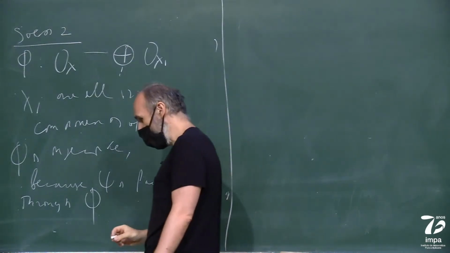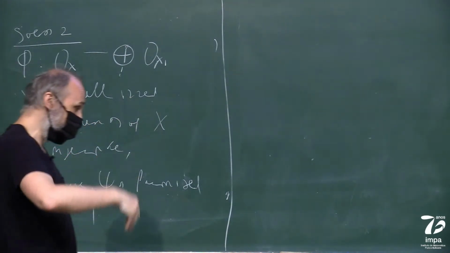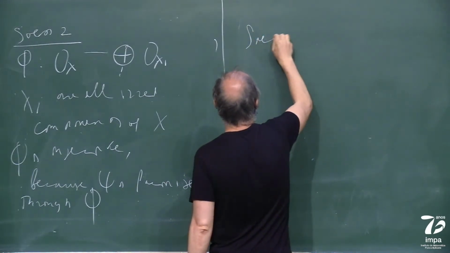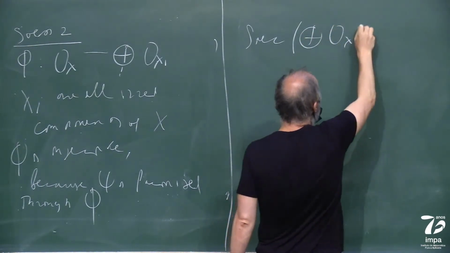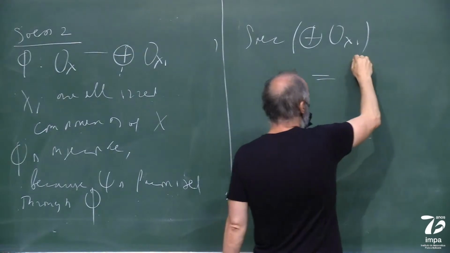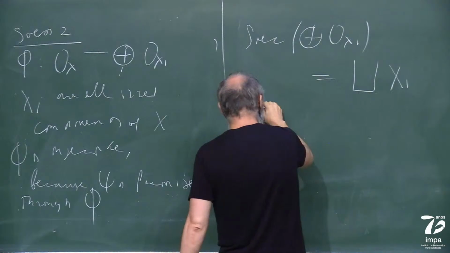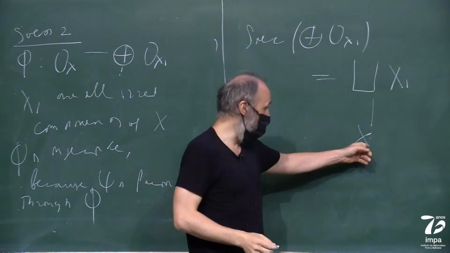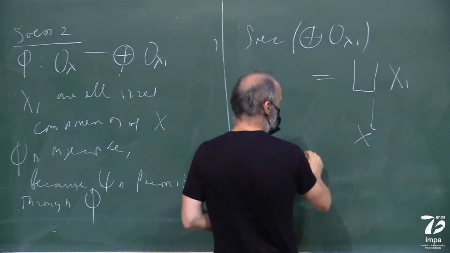So the coproduct in the category of rings is direct sum, and the coproduct in the category of varieties is disconnected union. So spec of this ring, the direct sum of O(Xi), is just the disconnected union of all Xi, and then you take this map and put it to X, each component goes to itself, Xi goes to Xi, and this is precisely our map.